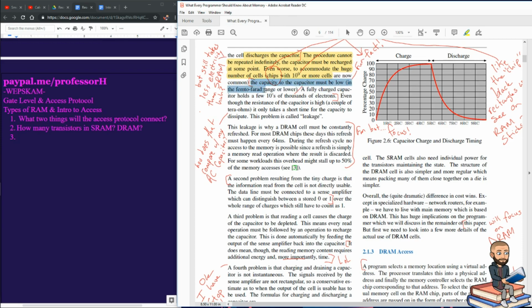They're talking femtofarad range or lower. And if you think about it, a fully charged capacitor only holds tens of thousands of electrons. That's not very much. So the idea that these electrons are leaking out is called leakage, so you'll have to refresh it. And Drepper says that happens about every 64 milliseconds.